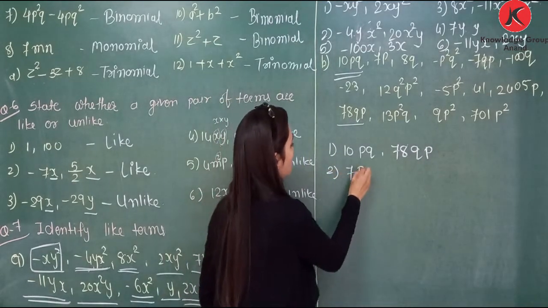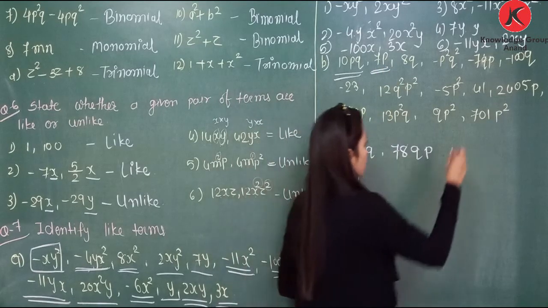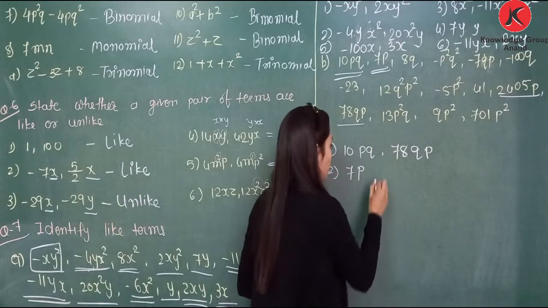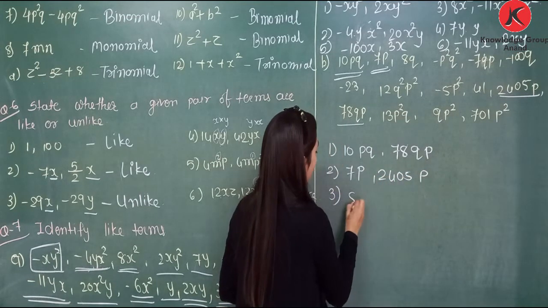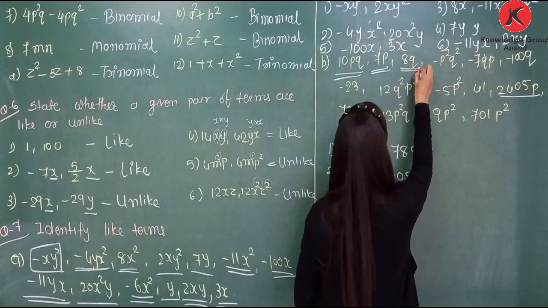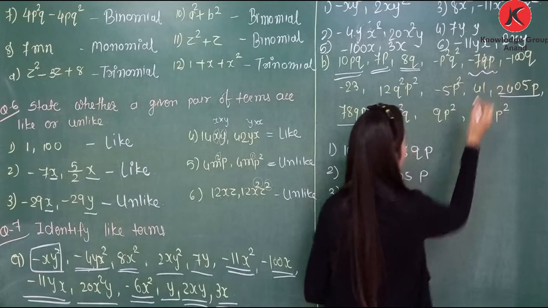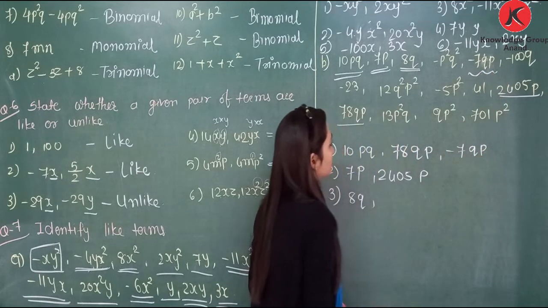Next 70. Find the term with p. So it is here 2405p. Now next is 8q. Find the term with q. Here also we have minus 7qp. So we can write here minus 7qp. That is also a like term.